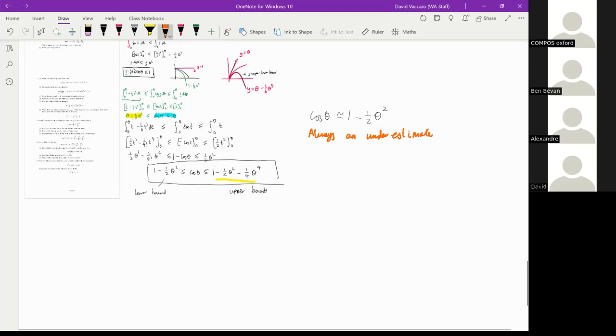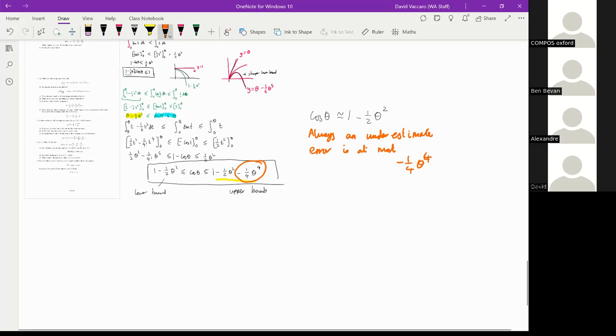But on the other hand, what we can see is that the error is at most 1/4 theta to the power 4. So when theta is small, we've now got a bound on how big the error is.